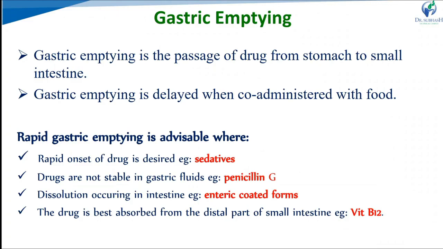Gastric emptying means the passage of content from the stomach to the small intestine. The rate at which this process occurs is the gastric emptying rate, and the time required for the food present in the stomach to transfer completely to the small intestine is the gastric emptying time.